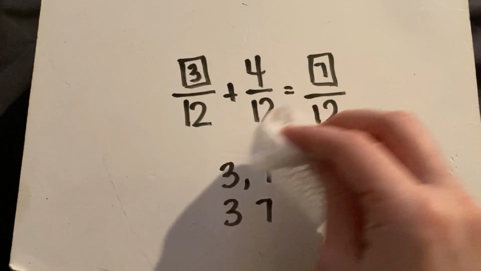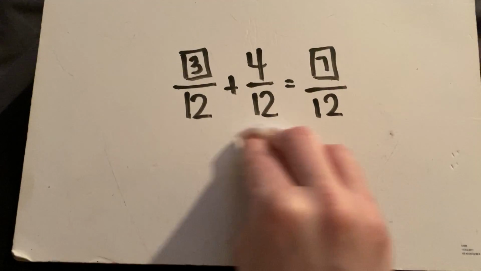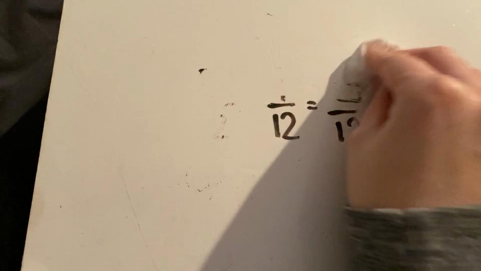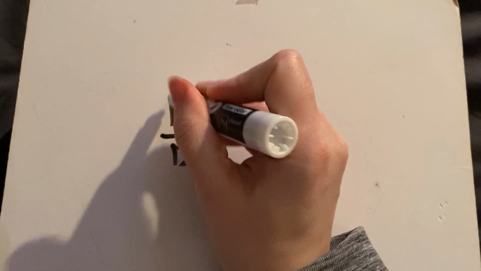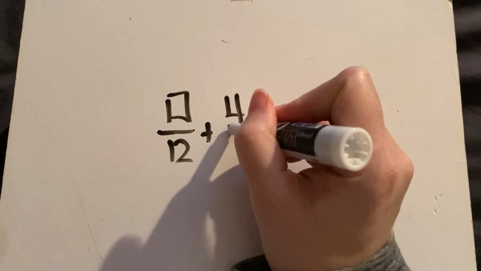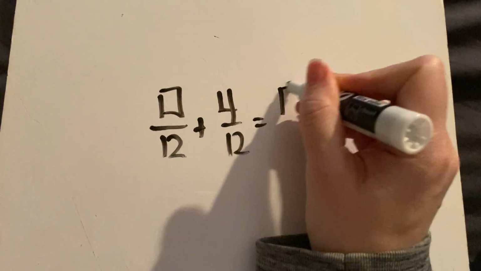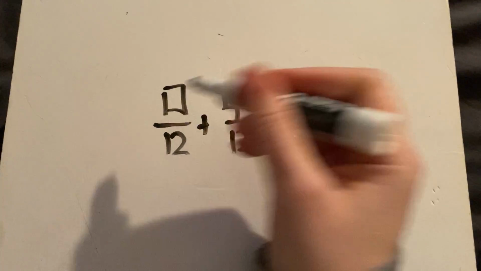Either way, this way it'll accept your answer, but I'll actually probably have to review these because everyone could have different answers here. I'll show you again to show that it could be more than one answer. So I had something 12ths plus 4/12 equals something 12ths. It really just depends on what you fill in this first box.